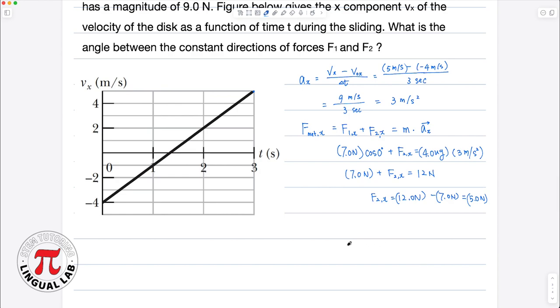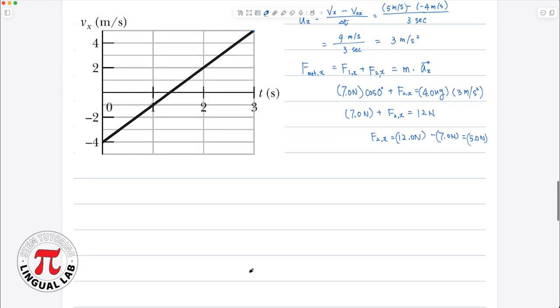Now I need to calculate the angle. Before the calculator, I have to lay out how this works.